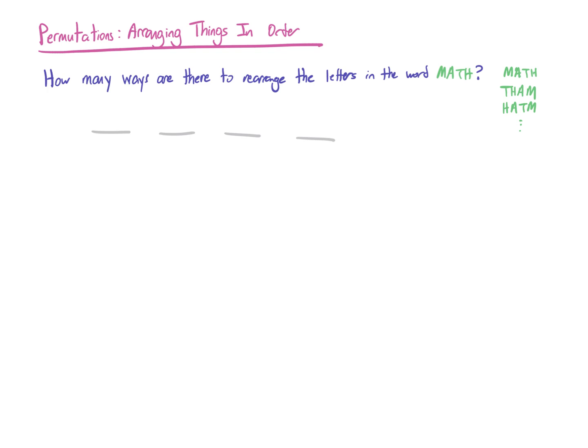So for example, let's suppose that I pick the A, and that was one of my four choices. Okay, so now let's think about filling in the second blank. In order to do that, I need to pick one of the letters, but I can't pick A again. I already used that, which means that I now have three choices in here.